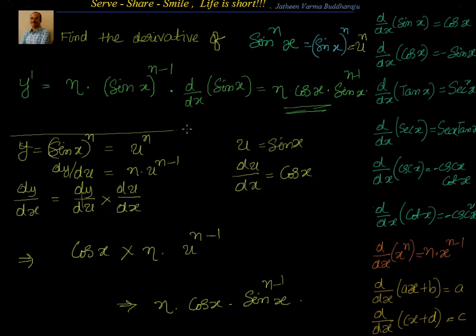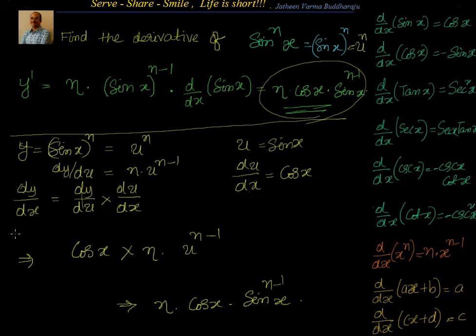This is nothing but what we have done in one step. So if you are not comfortable doing it in one step, you can take them as u, then you can find du by dx, and then you can find dy by du.